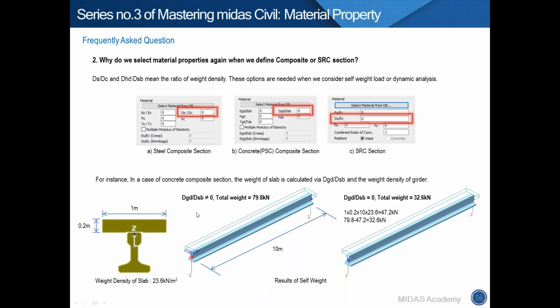Because of that, we need to input the ratio of weight density and thermal coefficient. This figure shows an example regarding the ratio of weight density. So if the ratio is 0, the part 2, which means the slab part here, is not counted as the weight force, self weight force.